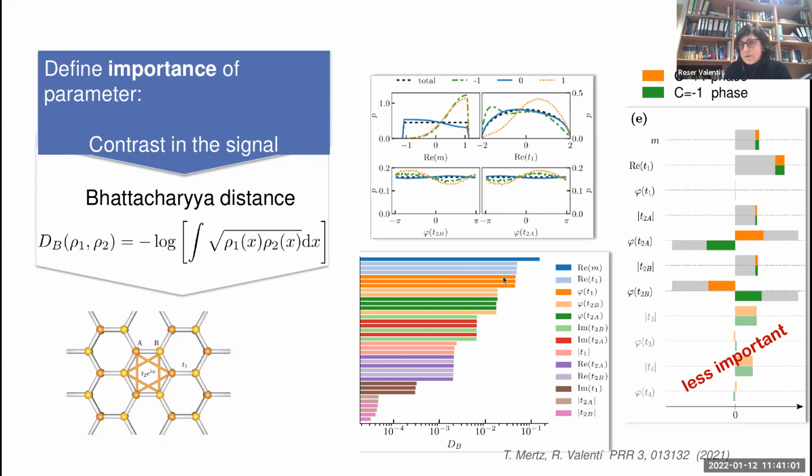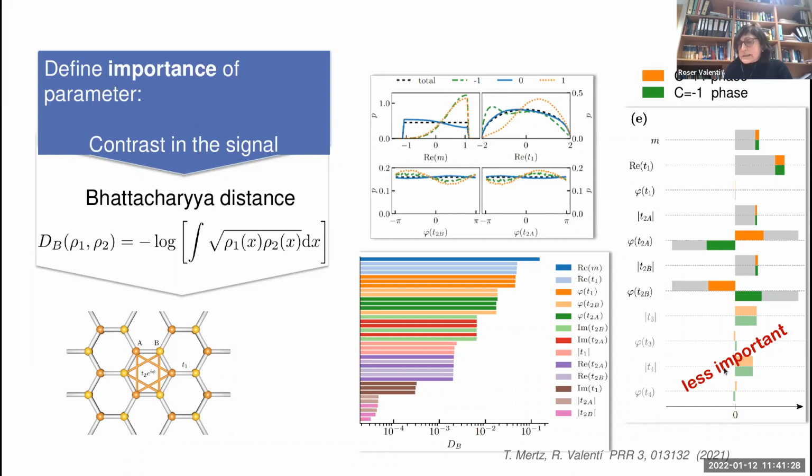And basically, if you observe here, the most important parameters to describe this type of Chern phases, so Chern number plus 1 or minus 1, are basically the on-site term, these nearest neighbor real tight binding parameters, as well as the phase, maybe we see that better here, of the second neighbor's hopping parameters.